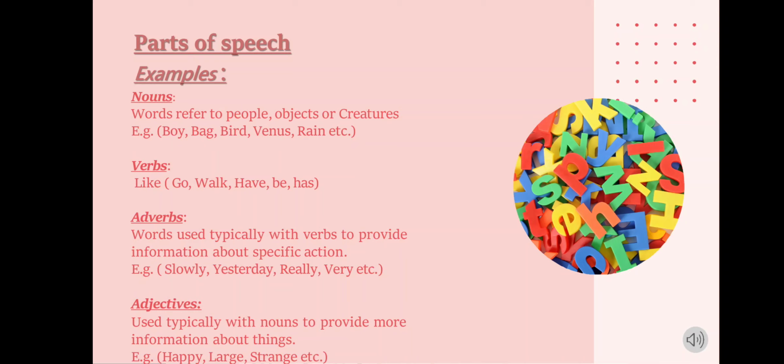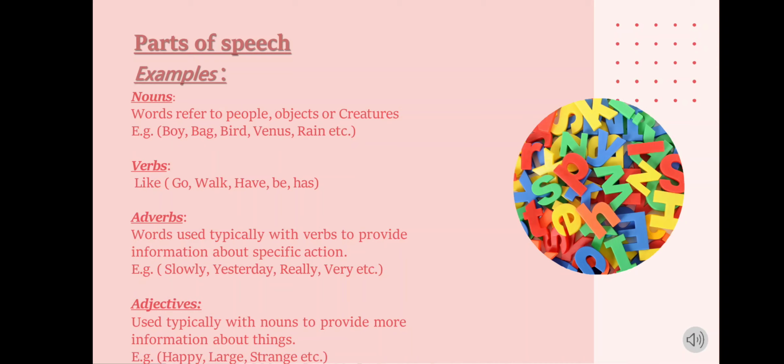Adverbs are words usually used with verbs to provide more information. Adverbs modify verbs, adjectives, or even other adverbs, telling us how, when, where, or what. Example: slowly, yesterday, really, very. Adjectives are used with nouns to provide more information.